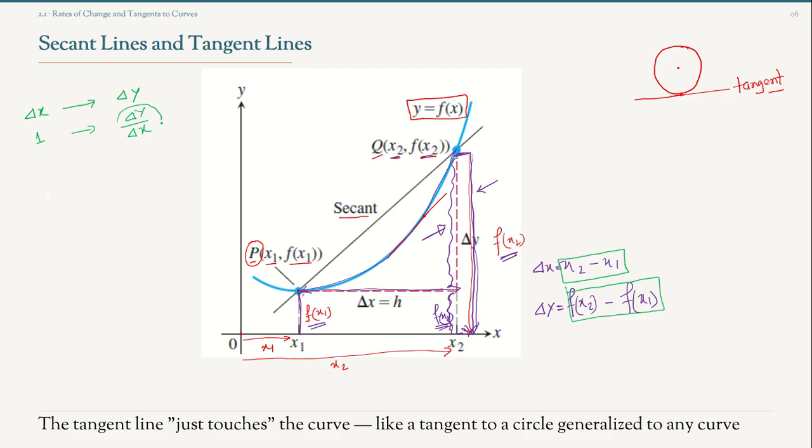So that is the rate of change. Now we can write here delta y by delta x equals f of x2 minus f of x1 divided by x2 minus x1.